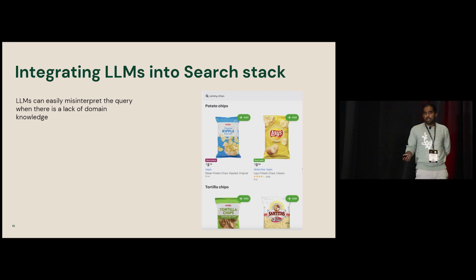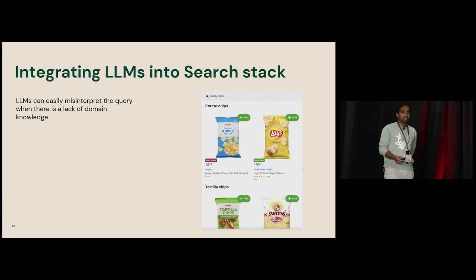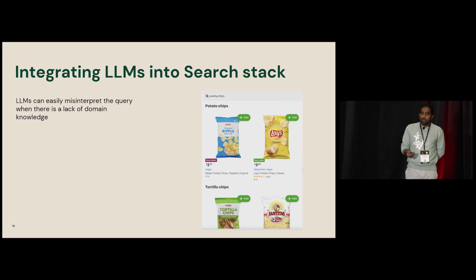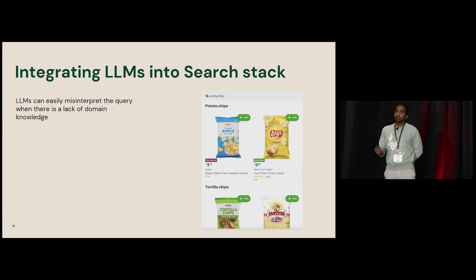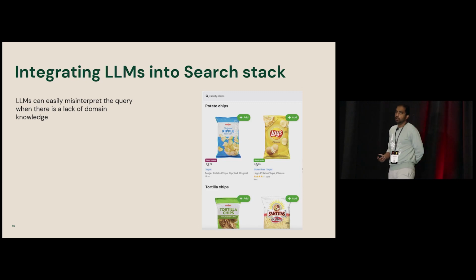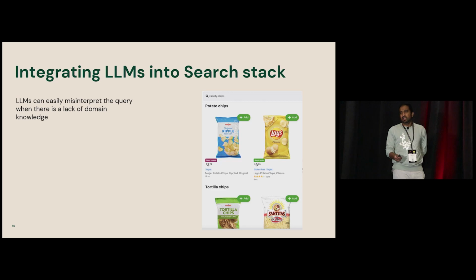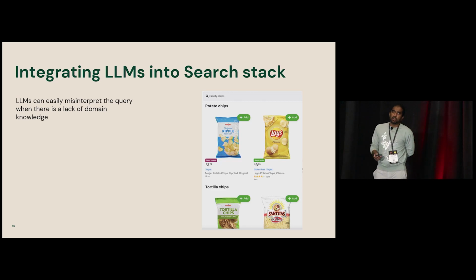And LLMs can also easily misinterpret the query when there's lack of domain knowledge. This happens sometimes with the general LLMs, because when you're searching for variety chips, the user is looking for a product wherein there are different types of chips in that product. But here, the LLM is saying, hey, the user might be intending to purchase different types of chips. It's essentially not wrong, but one way to solve this is adding to the prompt via prompt tuning.